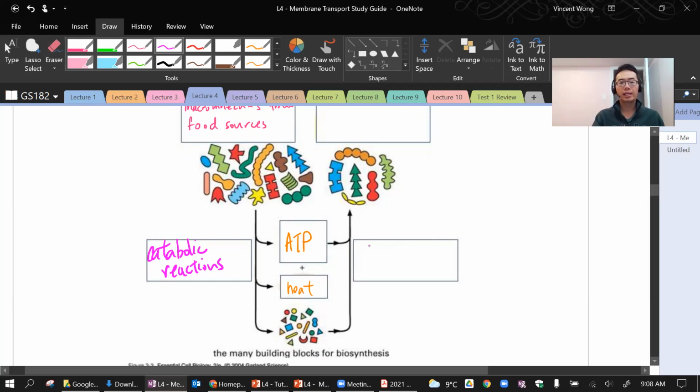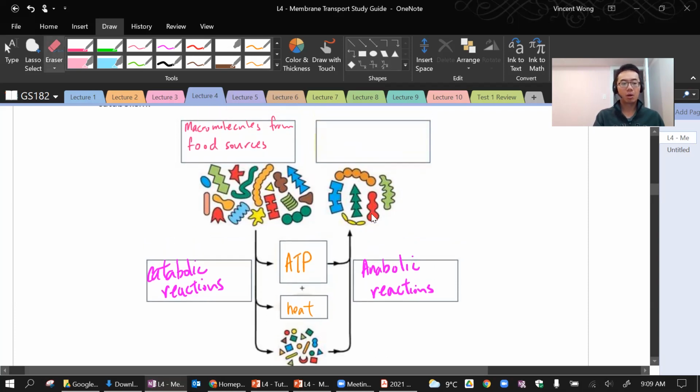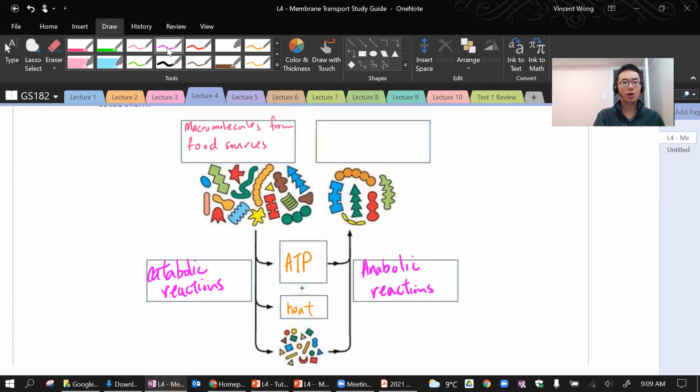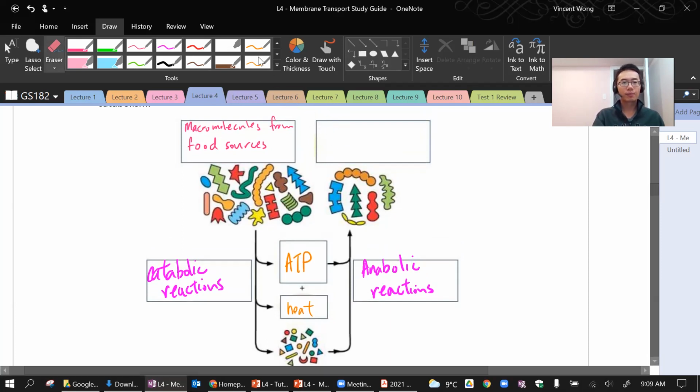All that building is the anabolic reaction, or anabolism. And this is going to require energy. When you build things, it requires energy. So you will use the ATP generated from the catabolic reactions to make the macromolecules needed in the body.